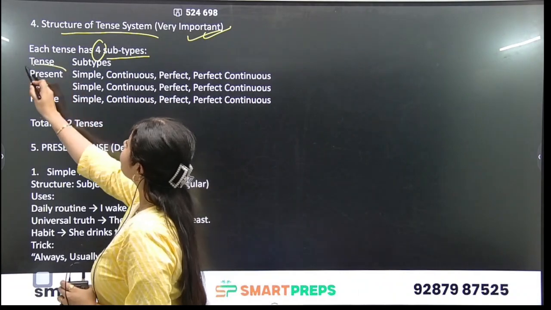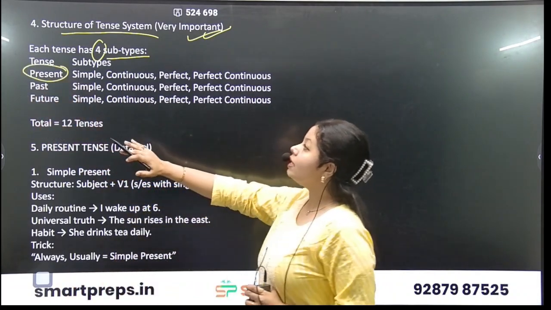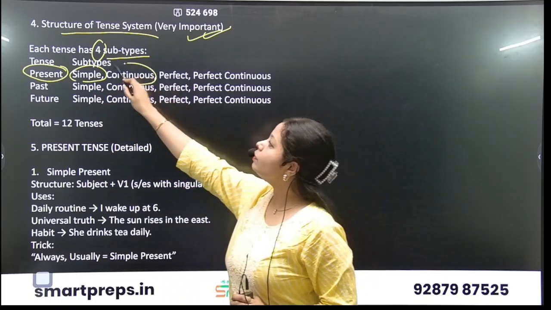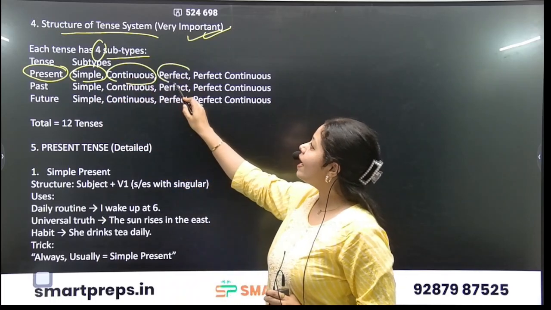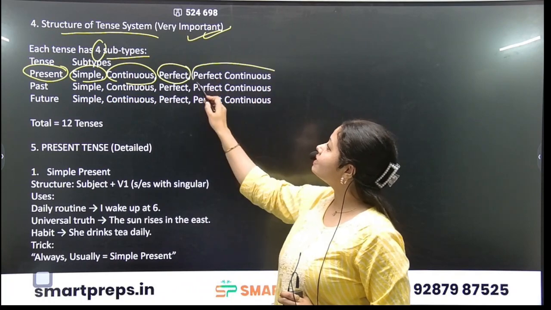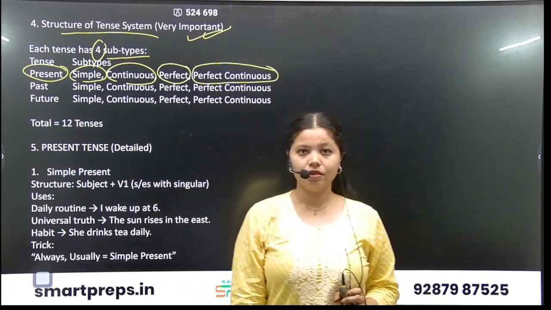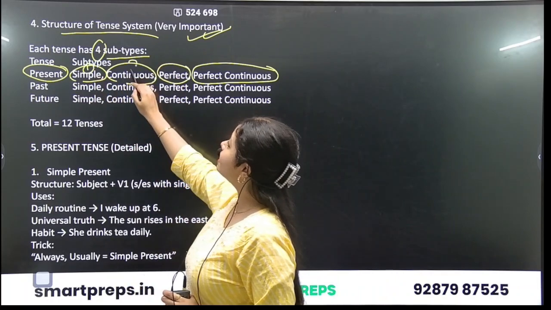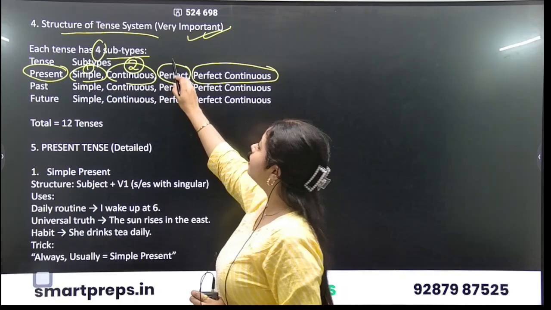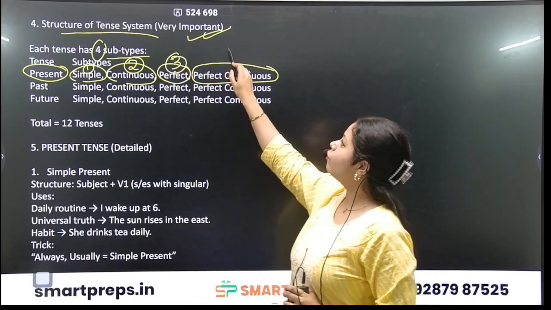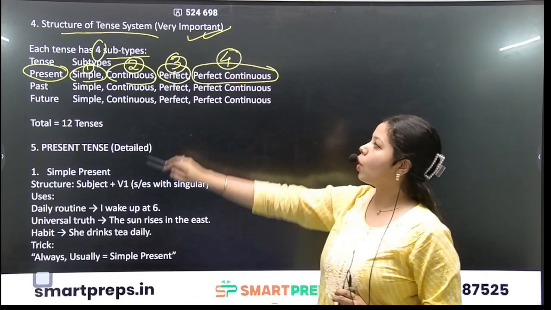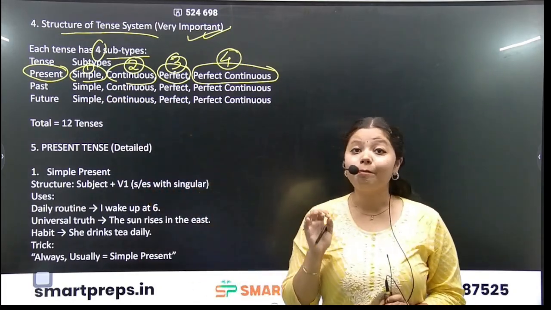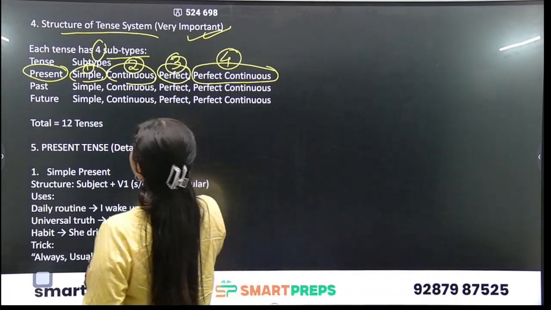When we are talking about present tense, it has simple present, present continuous, present perfect, and present perfect continuous. Now the second tense, the past tense, also has four subtypes.